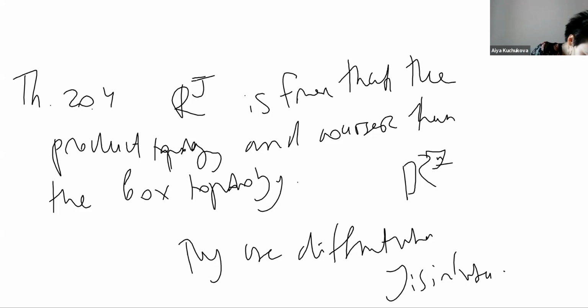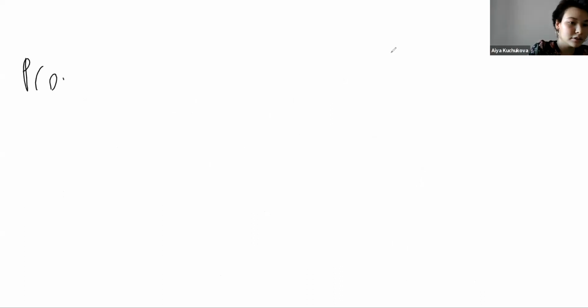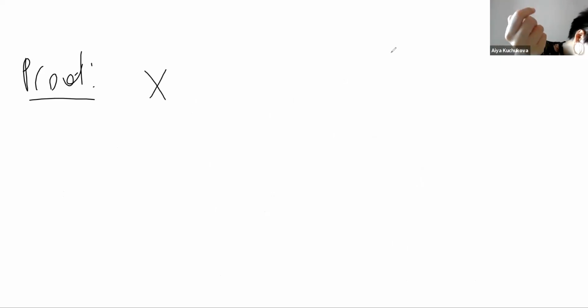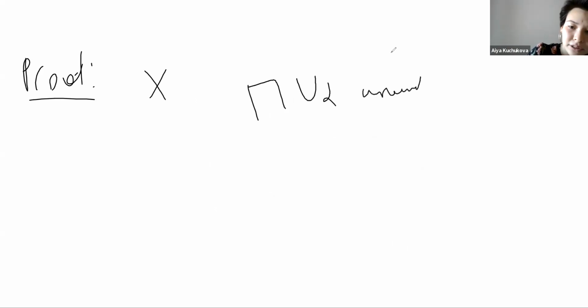Okay, so how do we do that? The proof. We suppose that we have some point x and a product topology basis element U_alpha around x.